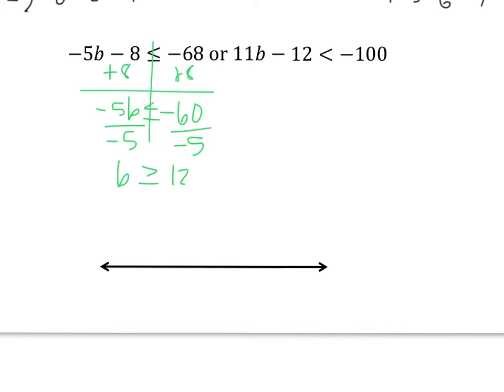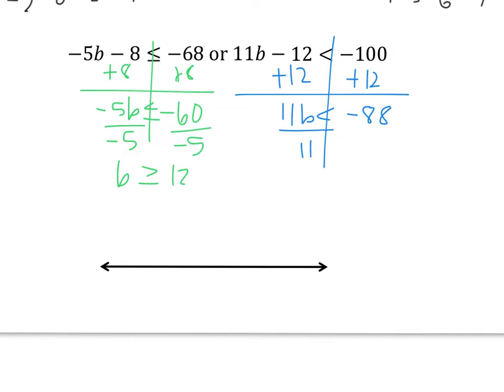So I get b is greater than or equal to 12. Now if I solve the other inequality over here, I'll add 12 to both sides and get 11b is less than -100 plus 12, which is -88. Divide by 11, so b is less than -8.